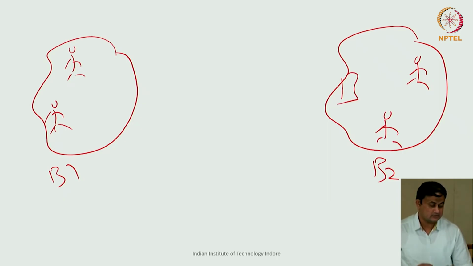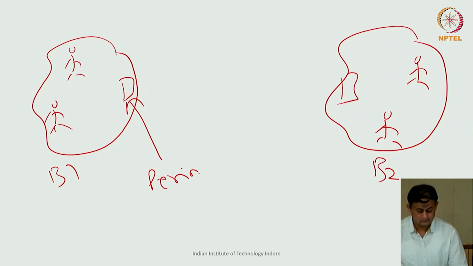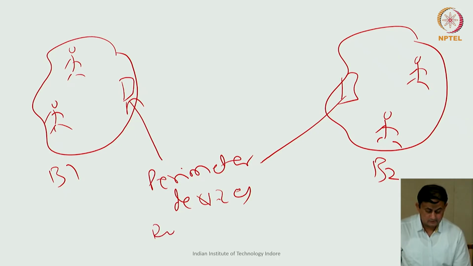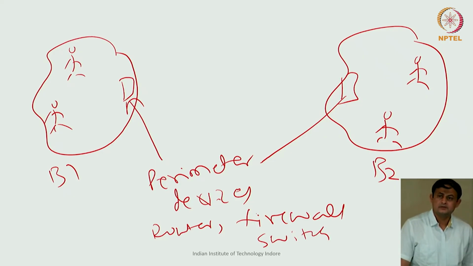And at the perimeter of these two networks, there are devices. These are called perimeter devices. This could be a router or a firewall, typically, or you can also think of this as a switch. Switch is a generic name, not necessarily the layer 2 switch that we do.